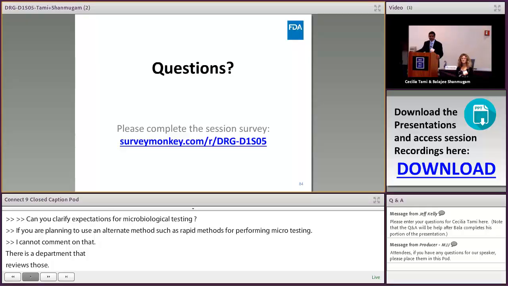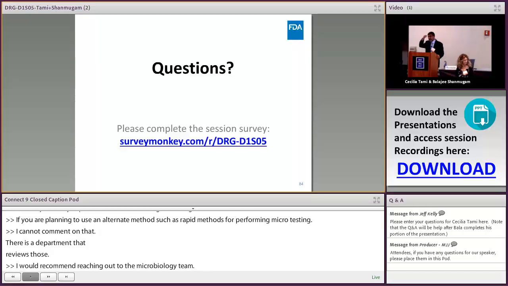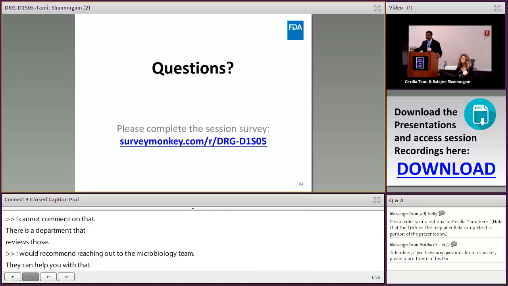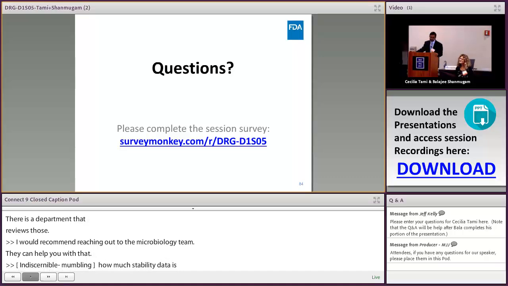Next. In an initial IND, how much stability data is required for the first clinical lot if the tox lot does not have stability issues at the proposed storage temperature? The tox lot does not have stability issues?